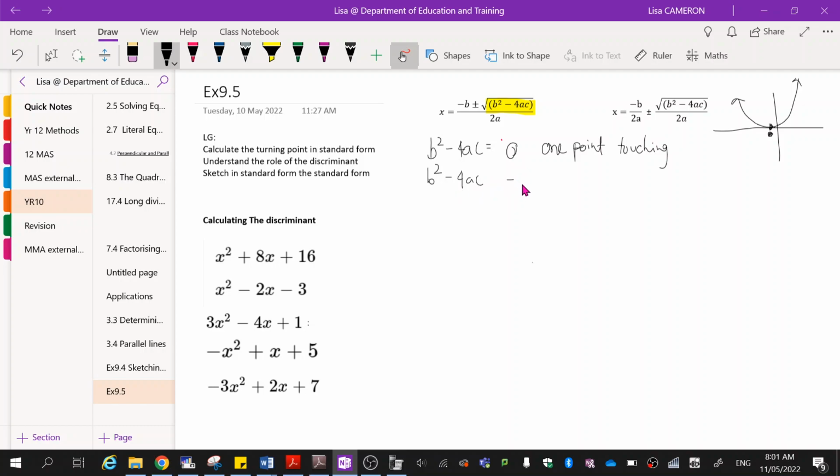If this is a negative number, or let's say that it is less than 0, so the little one eats the big one, meaning that it's a negative number, then I would get a math error here.